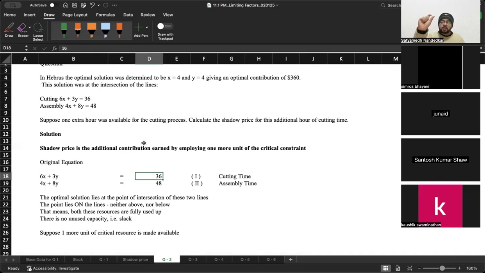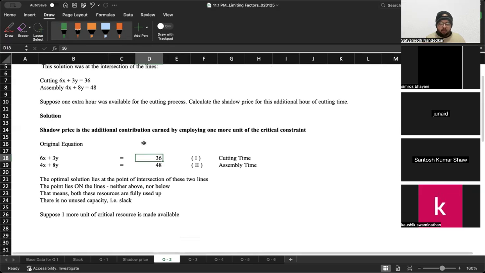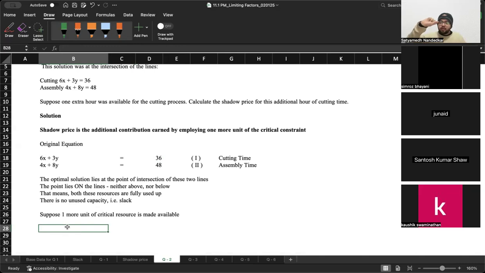So 36 was the total cutting time that was available with you. If 36 hours was the total cutting time available with you, that means if I am giving you one more unit of the limiting factor, then now you will get 37 hours of cutting time.